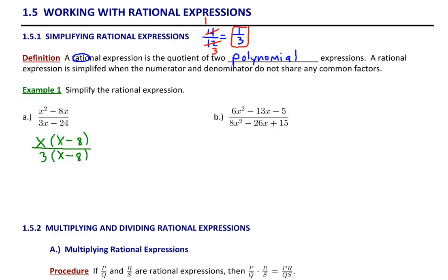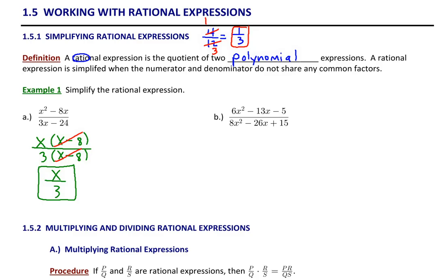Now that we can see the individual factors of the numerator and denominator, we can clearly spot a common factor. X minus 8 belongs to the numerator and the denominator, so we can cancel it out. The remaining factors give us the rational expression in simplified form. Because there are no further common factors between the numerator and denominator, we know that it's completely reduced.